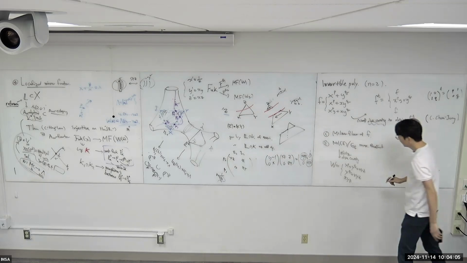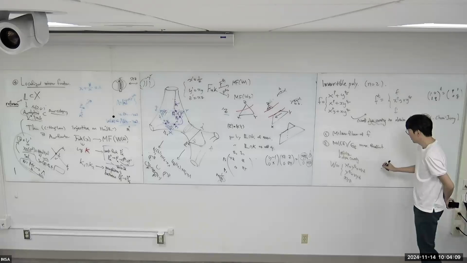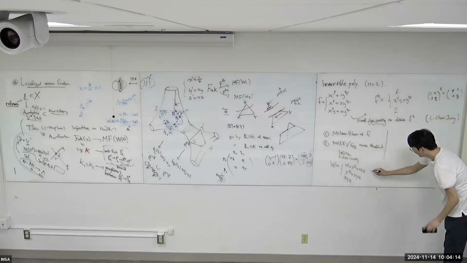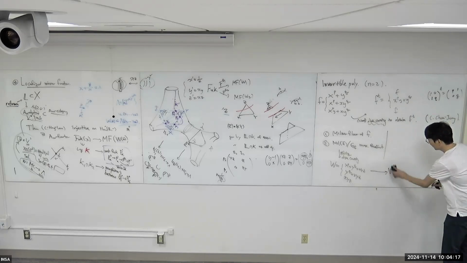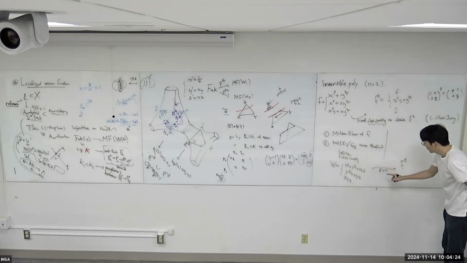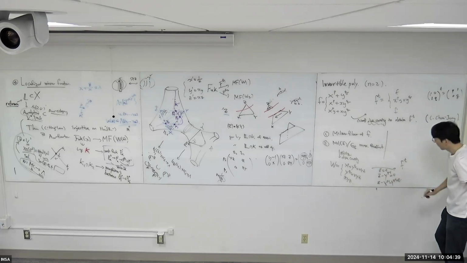So this is what we did here. And then to obtain the transpose polynomial, if you set z equals 0 in the first case, in the second case z minus y to the q minus 1 equals 0, and z minus x to the p minus 1 minus y to the q minus 1 equals 0.